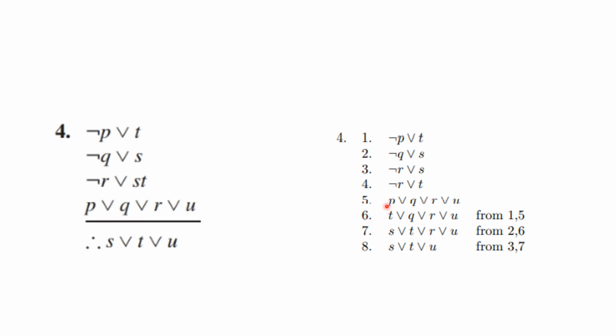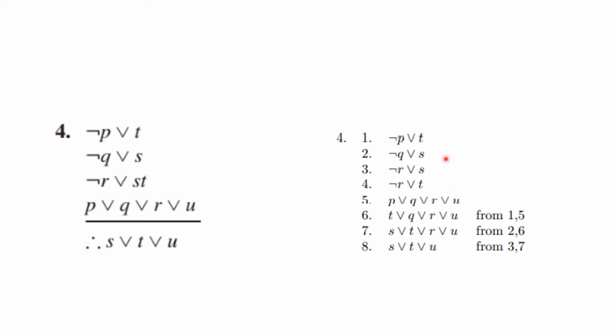Okay, now when we look at 1 and 5, so here is 1 and statement 5. You see this is not P or T, and this is P or all of this business here. So the principle of resolution tells us that the conclusion is going to be T or all of that statement. So we have that.